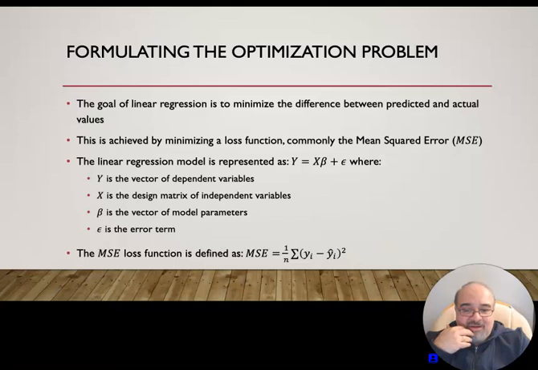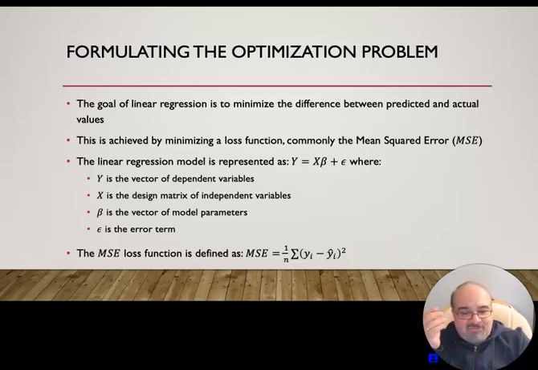The linear regression model is typically represented as y is equal to x beta plus epsilon, where y is the vector of dependent variables, x is the design matrix of independent variables, beta is the vector of model parameters, and epsilon is just the error term.